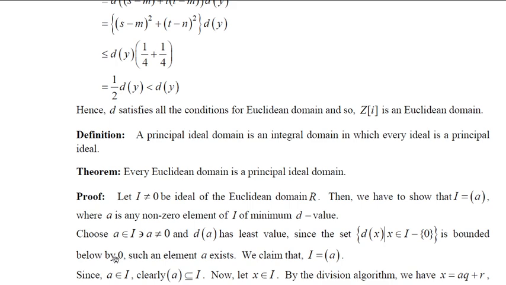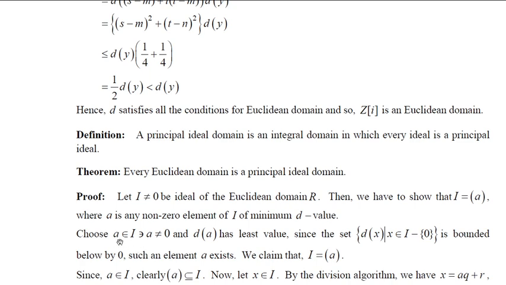So they are all bounded below by 0. Hence, since all D values are bounded below, there must exist an element A with the smallest D value. So that's why we can choose that D of A is the least D value. Now we claim that I is nothing but principal ideal (A). Okay, let's prove this one.